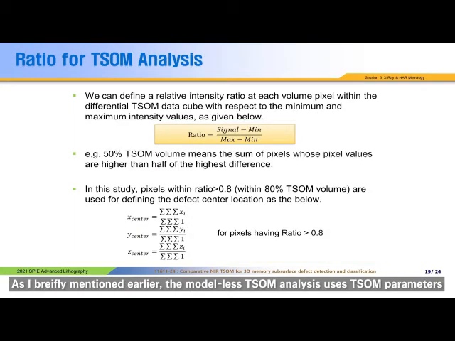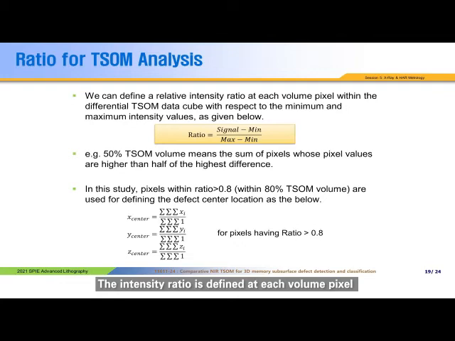As I briefly mentioned earlier, the model-less T-sum analysis uses T-sum parameters such as 50% T-sum volume or 70% T-sum height defined based on a ratio. The intensity ratio is defined at each volume pixel within the differential T-sum data cube with respect to minimum and maximum intensity values.